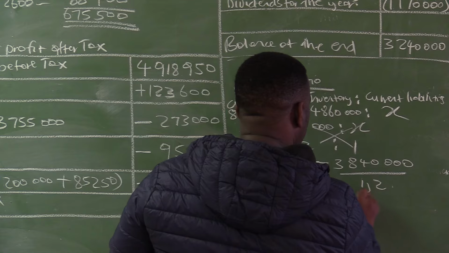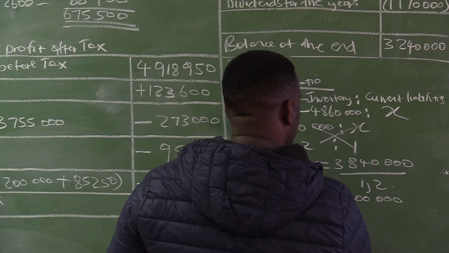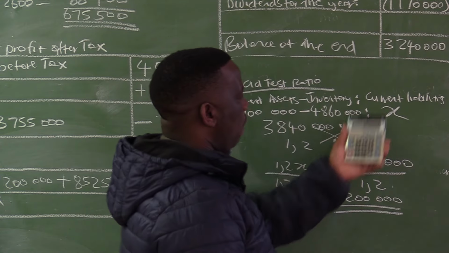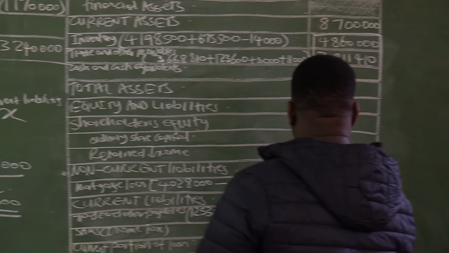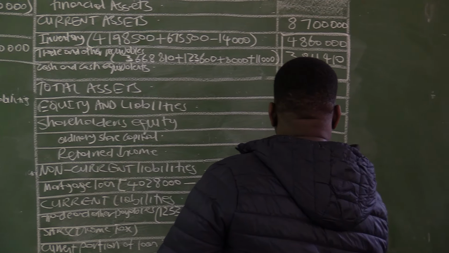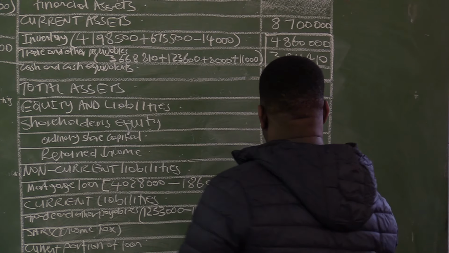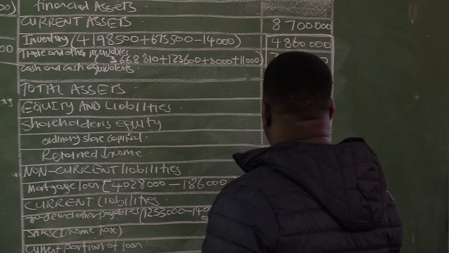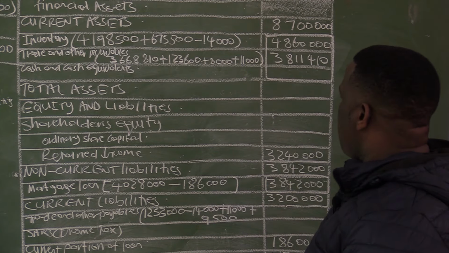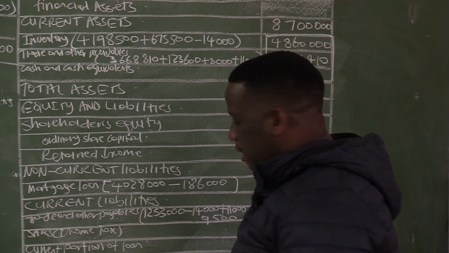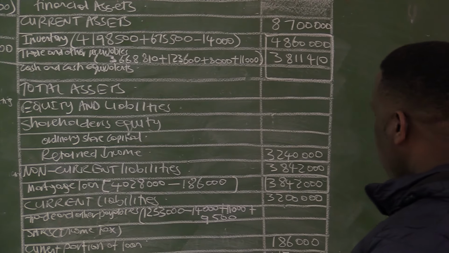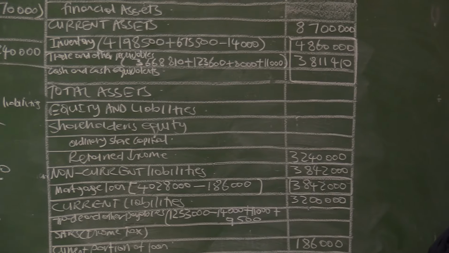Our x in this case is current liabilities. Our current liabilities is 3,200,000. Right, let us then close the trade and other payables.